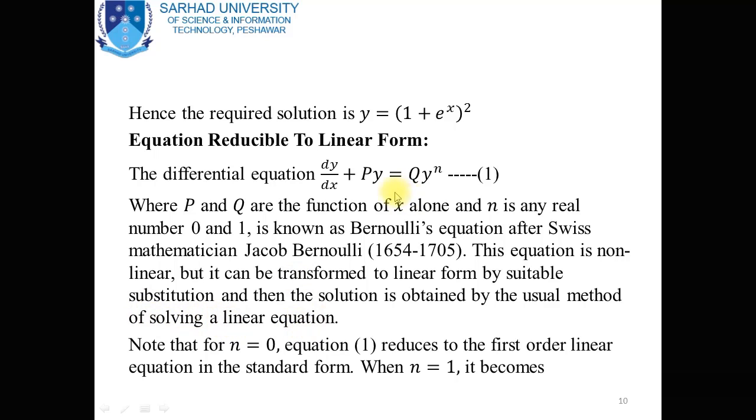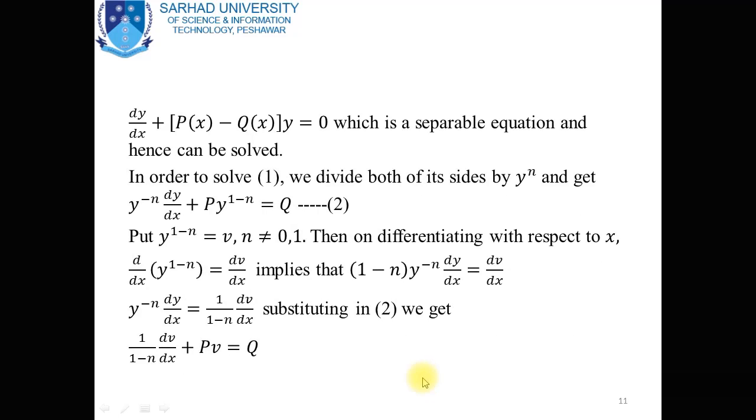So dear students, in this equation, if we put n is equal to 0, equation 1 reduces to the first order linear differential equation in the standard form. When n is equal to 1, it becomes dy by dx plus p of x minus q of x into y is equal to 0, which is a separable equation and hence can be solved.